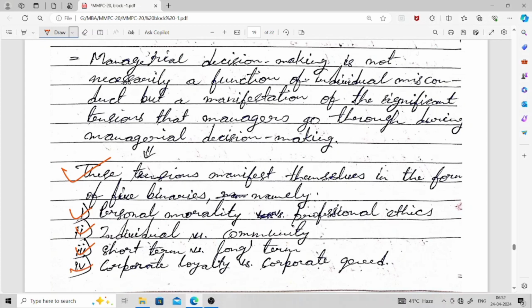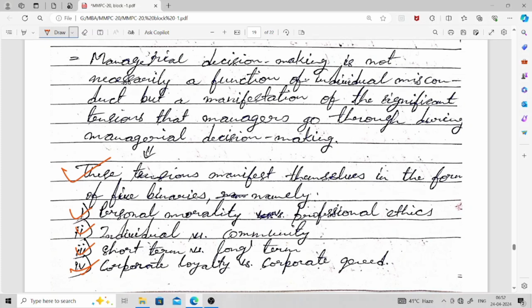Fourth reason for tension is corporate loyalty versus corporate greed. Here also it is a very important point, because corporate loyalty is all about obeying the ethical values of the corporate.